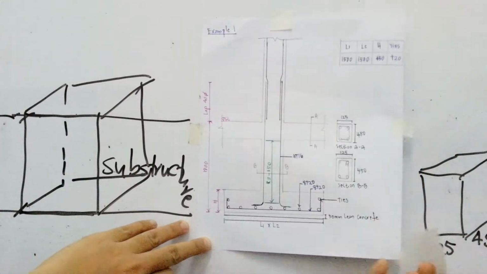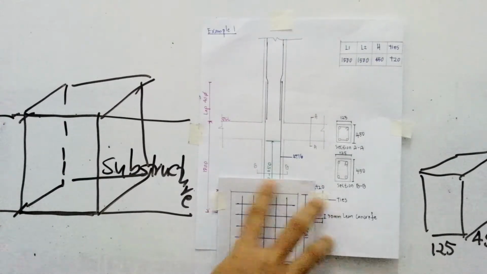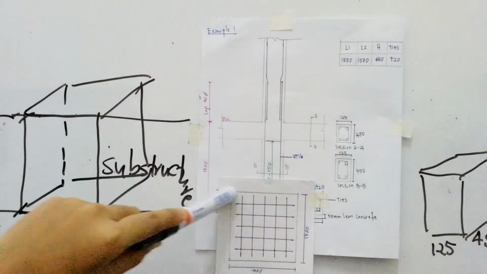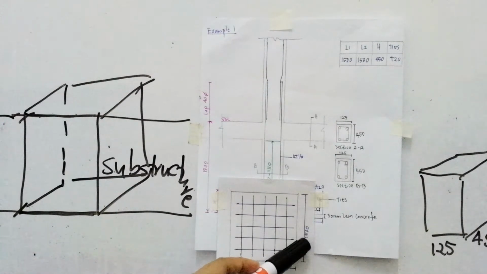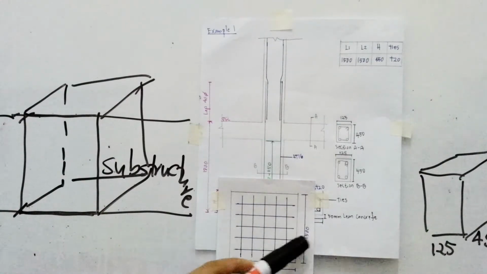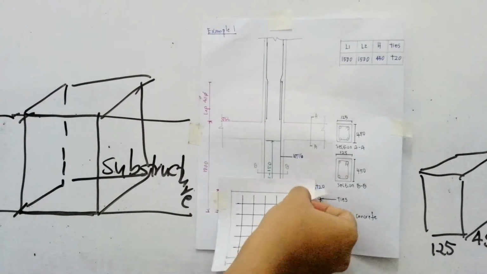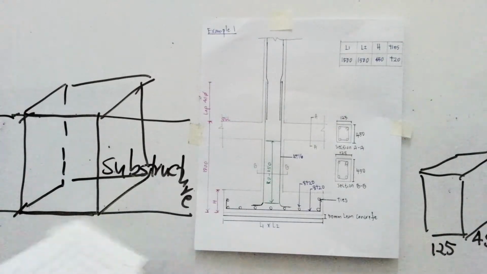From the plan view, you can see this is your pad footing, which is 1.5 times 1.5, L1 times L2. So you need to do excavation based on this size.